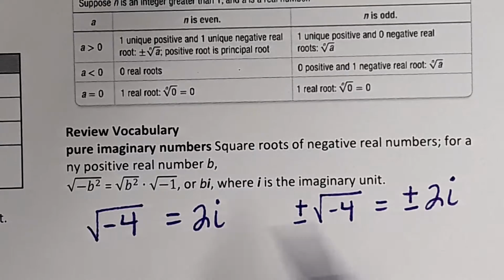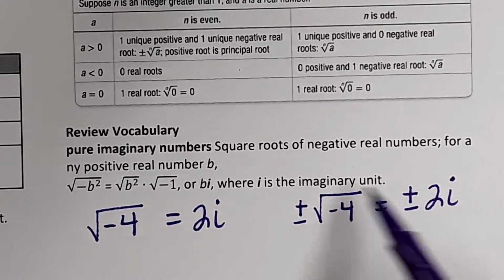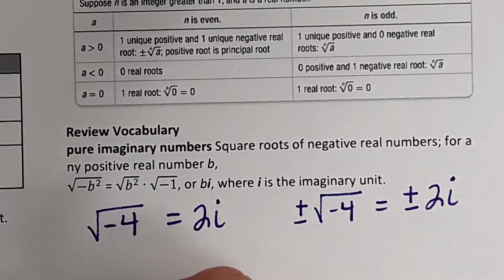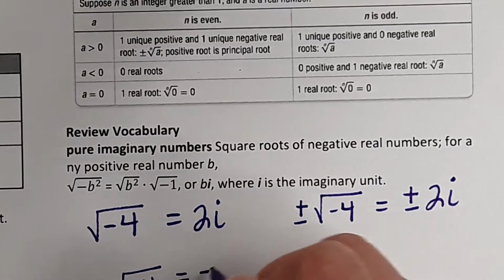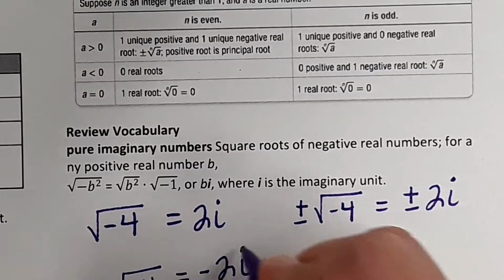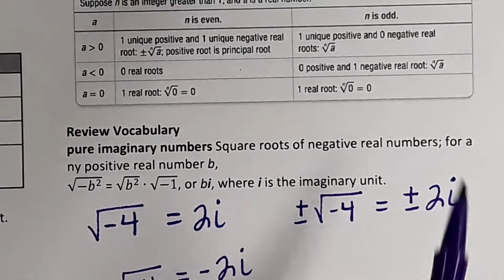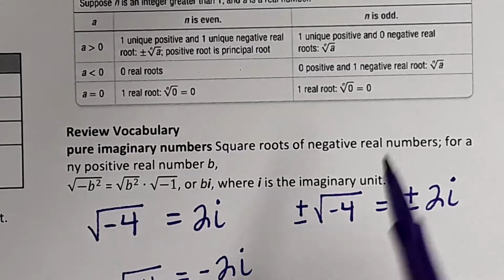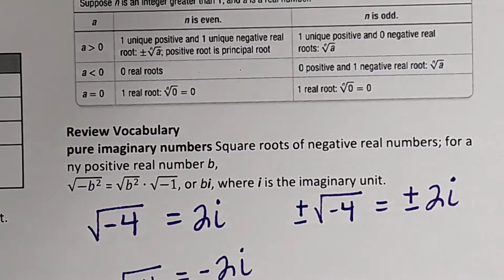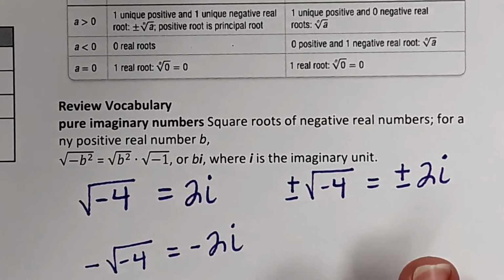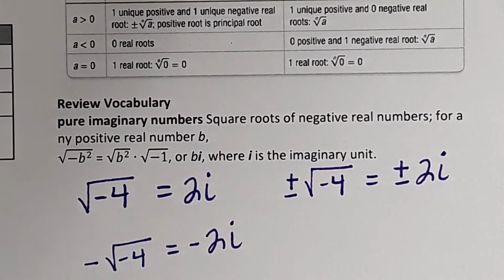The principal square root tells you I want only one root. If I want both roots, I have to specify. So right now, unless they specifically tell you, you will always find the principal root, and the principal root is always the positive root.